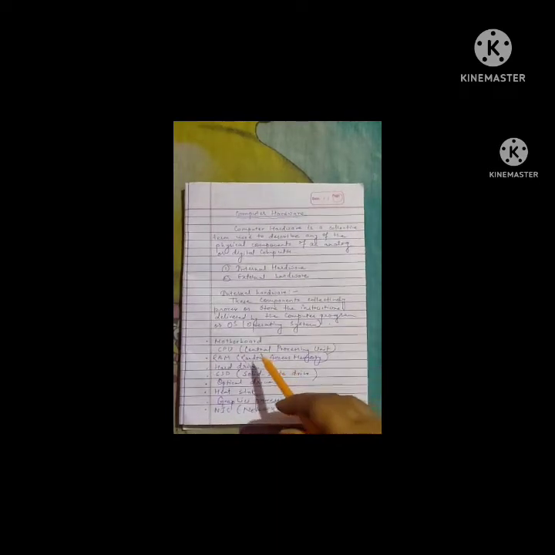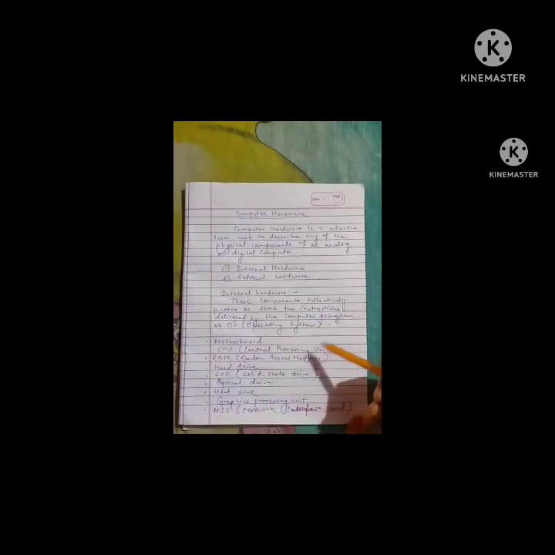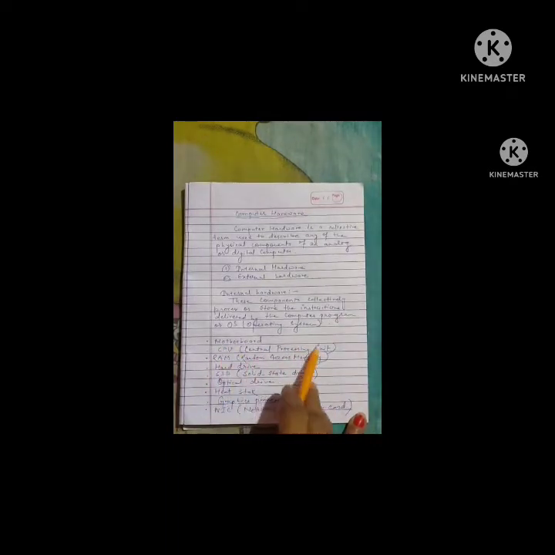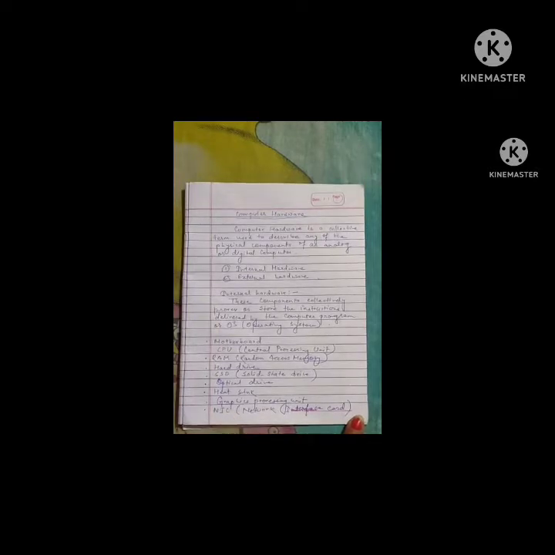These are the different internal hardware. Let me read it out once more for you: motherboard, CPU or central processing unit, RAM, random access memory, hard drive, SSD, solid state drive, optical drives, heat sink, graphics processing unit, and NIC, which is the network interface card.